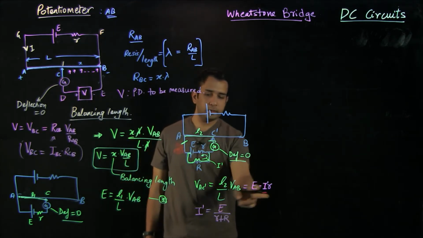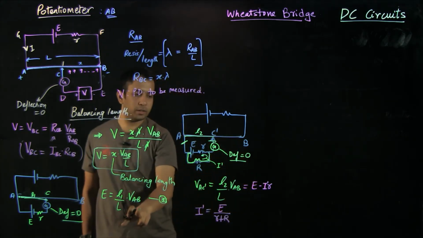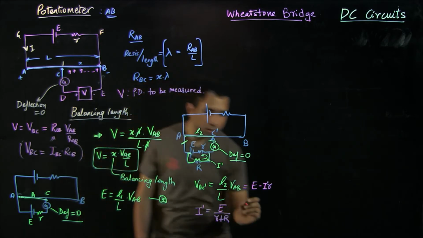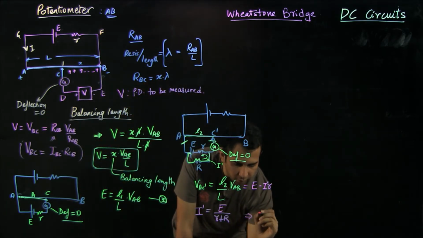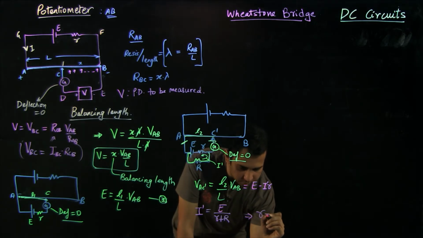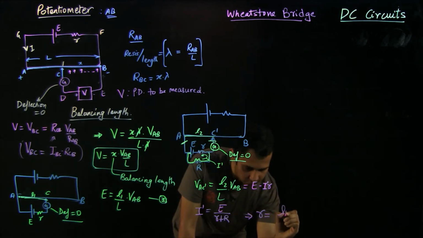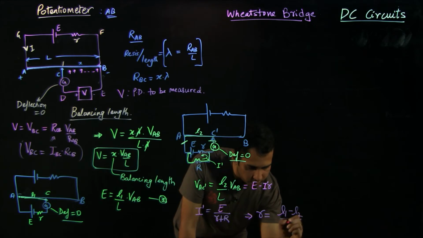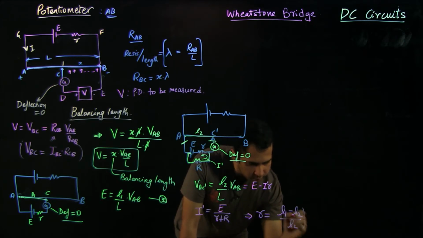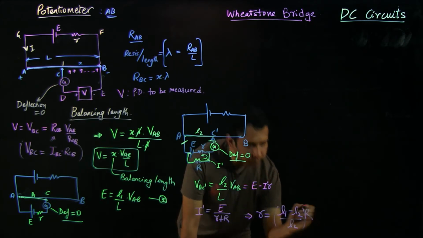So using our first equation in this, we can find out the internal resistance as (L1 minus L2) upon L2, into R.